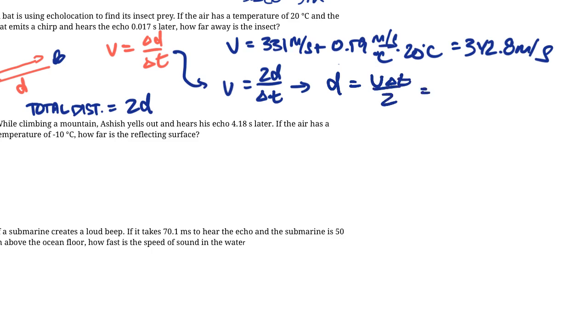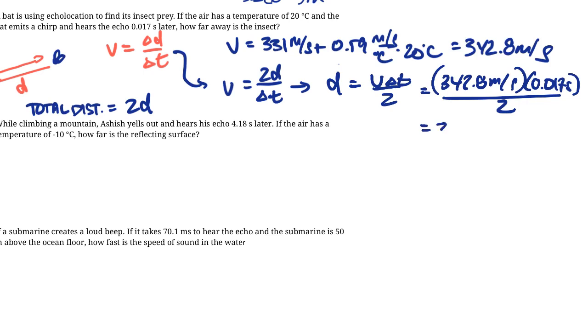Then our speed is 342.8 meters per second times the time, which is 0.017 seconds, all over 2. 342.8 times 0.017 divided by 2 is 2.9 meters away. The total distance that the sound had to travel was twice that far, but we took that into account when we replaced it with 2D in our equation.